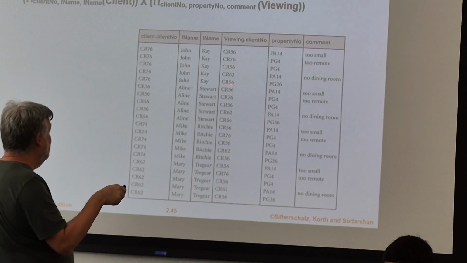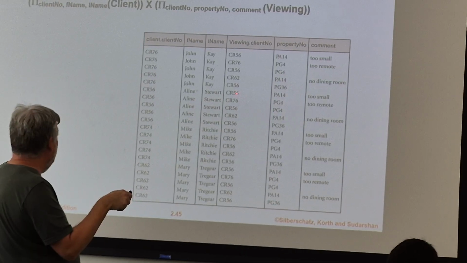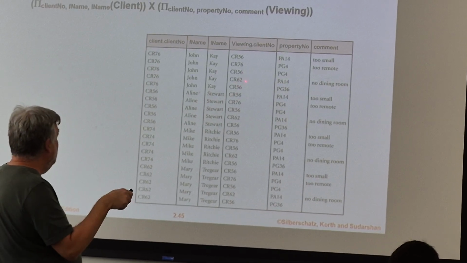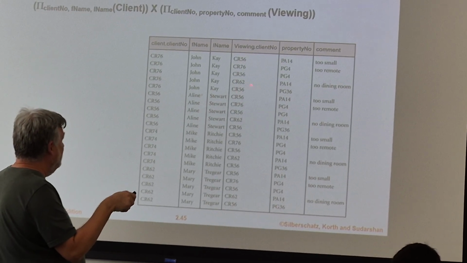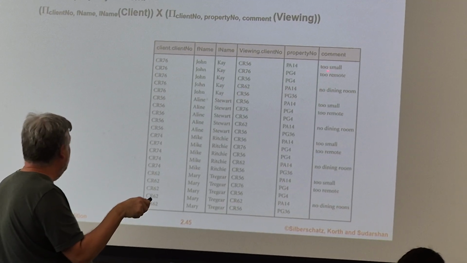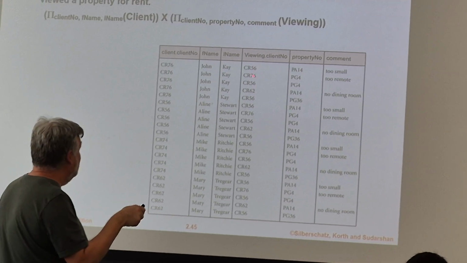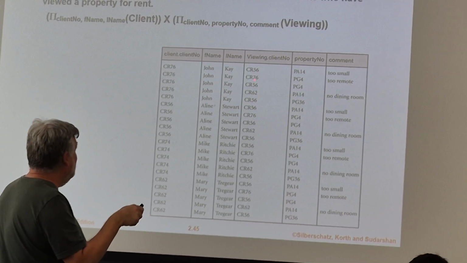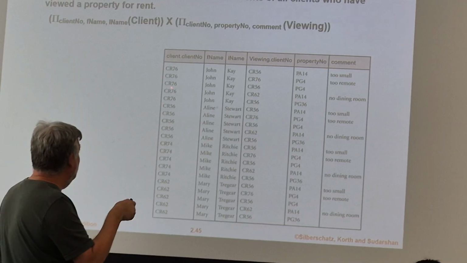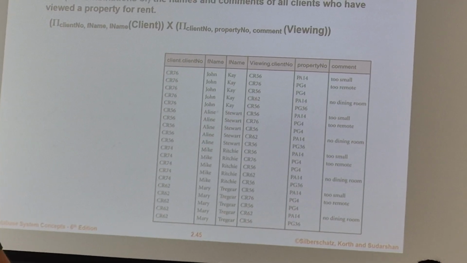He didn't have any comments on this one or that one, but he apparently thought that one was too small. So it looks like there were only 5 rows in the viewing table that got matched up to each row in the client table.